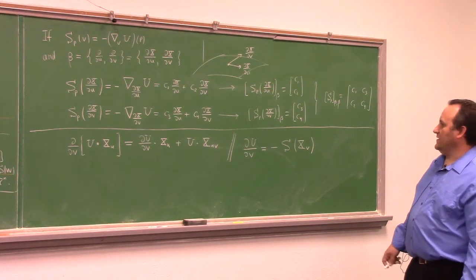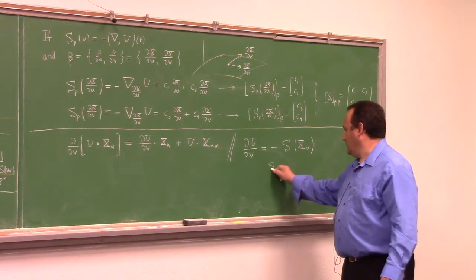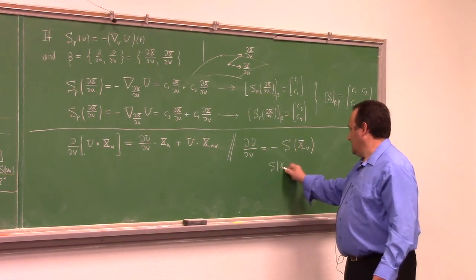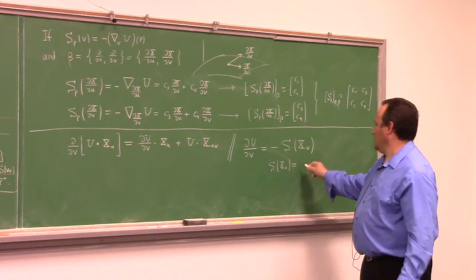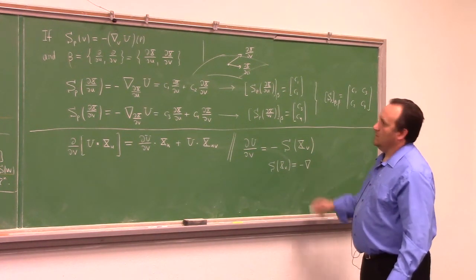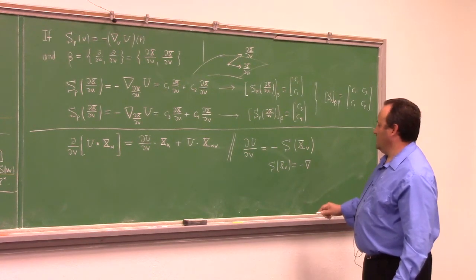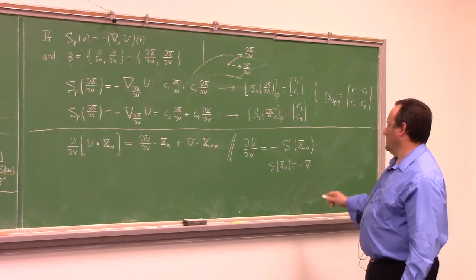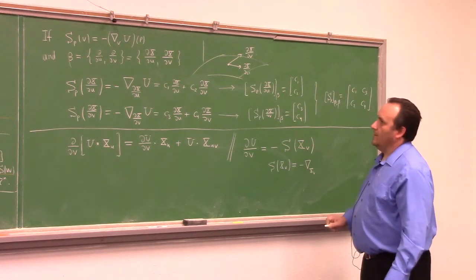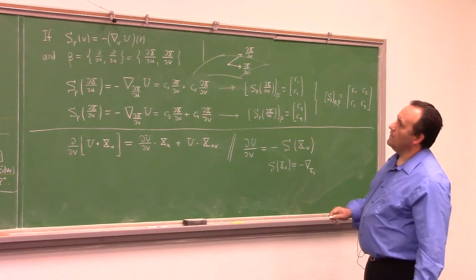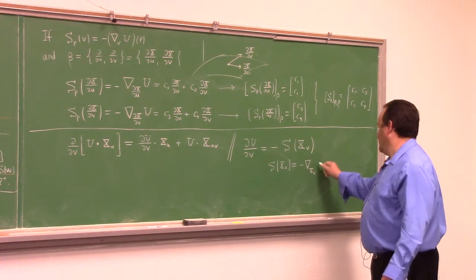Let's see here. What's the definition? The shape operator acting on xv should be minus the covariant derivative in the v direction, which in this case is xv, on u.